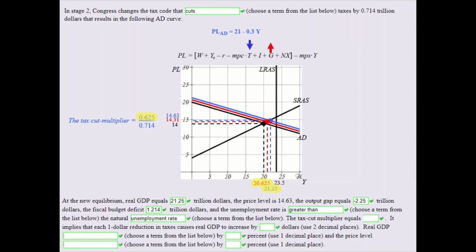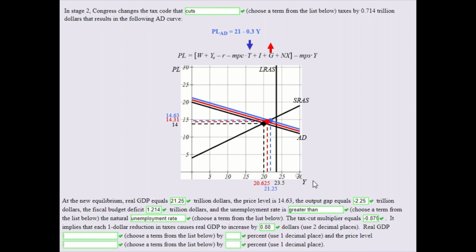The cut in taxes was 0.714, so we lowered taxes by that amount, and that created an increase in GDP of 0.625. So the ratio of those two changes is our multiplier. You take that ratio and you get negative 0.875, which implies that each dollar cut in taxes increases GDP by only 88 cents, or $0.88.